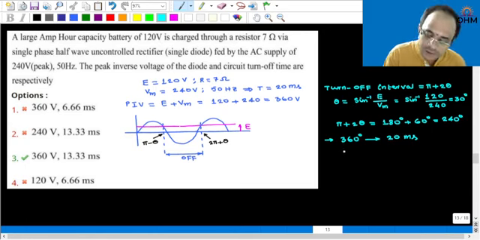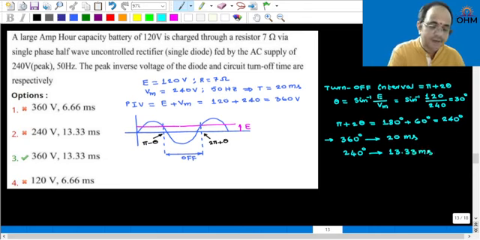Therefore, 240 degree interval will be equivalent of 13.33 millisecond, and hence third option will be the correct answer for the question.